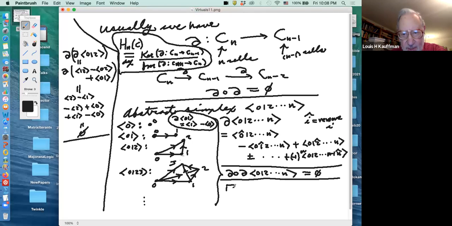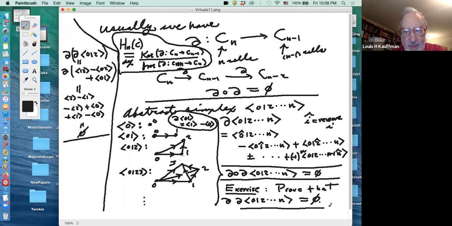The exercise is proving in general that the boundary of the simplex 0, 1, 2 through n is equal to 0. It might not have been obvious that I didn't prove that. I didn't. I just gave you the formula, and you have to apply it twice and see that it all vanishes.